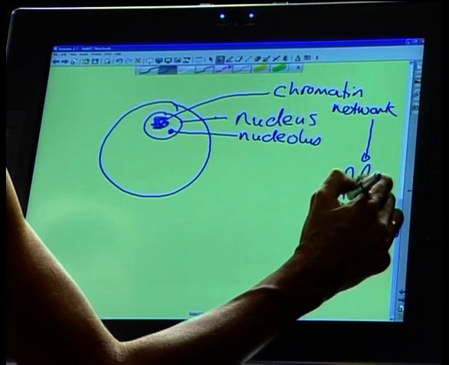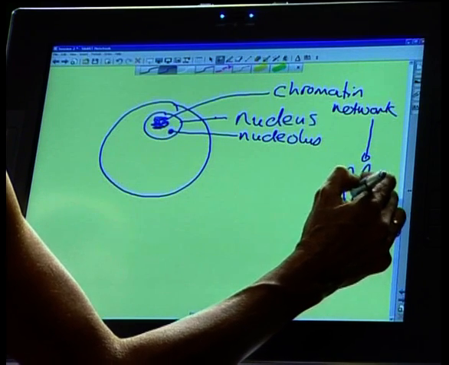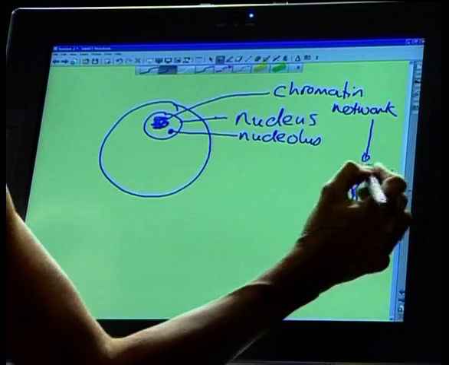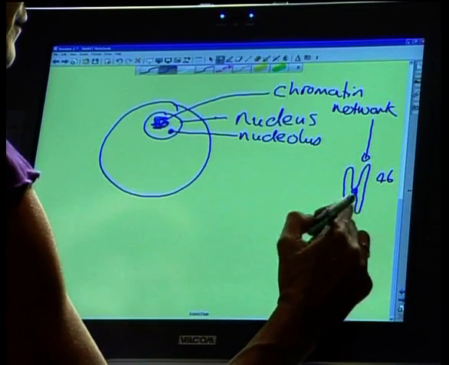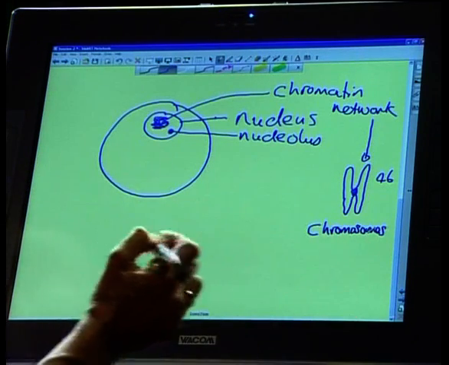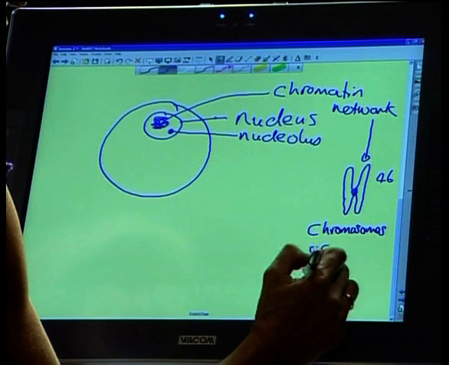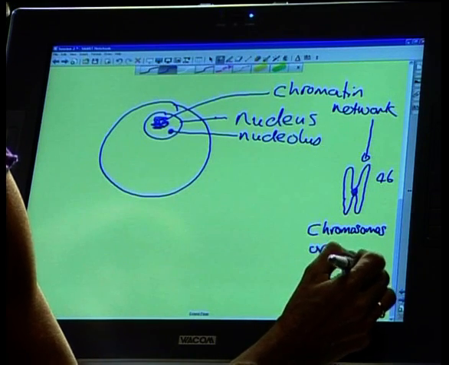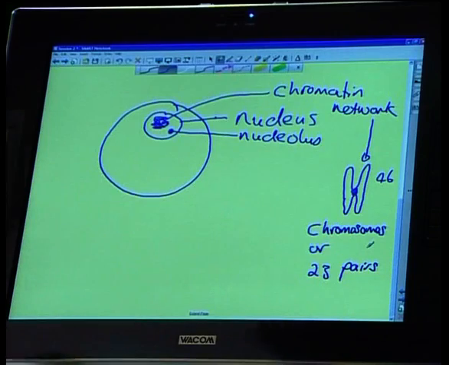It's made up of, in human beings, 46 of these chromosomes. Okay, or 23 pairs of chromosomes. 22 pairs of chromosomes are called somatic chromosomes or body chromosomes, also called autosomes.